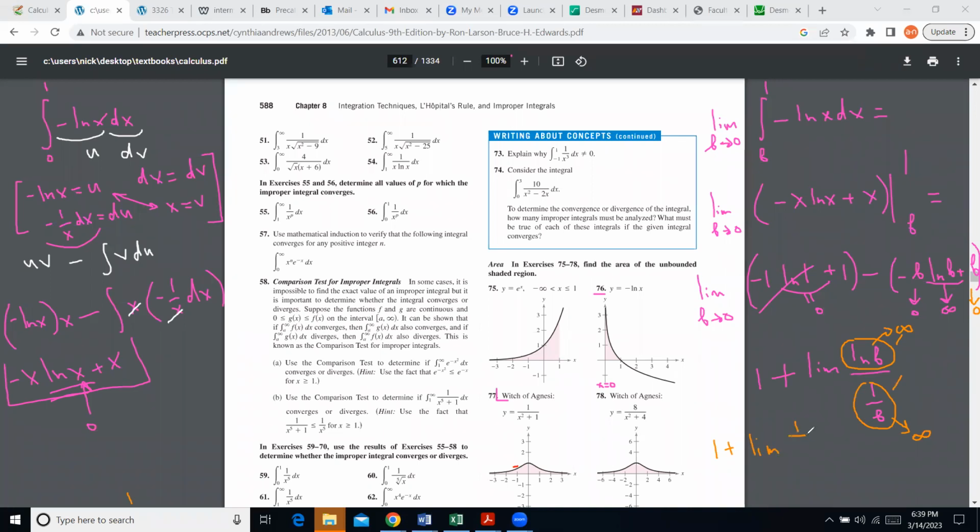So 1 over x, or 1 over b, because b is our variable now, is here. And for the denominator, it's minus 1 over b squared, right? Derivative of b to the negative 1. So the power is minus 1. And when I take the derivative, it will be another 1. So it's negative 2, and the minus goes in front.